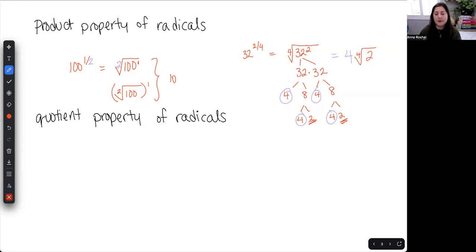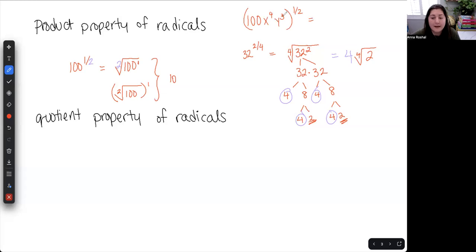One of the things that I wanted to make sure that I state very clearly is whatever numbers are in this radical are actually the same thing. So for example, let's say I have 100x to the 4th, y to the 3rd, and then this whole thing is to the 1/2 power.